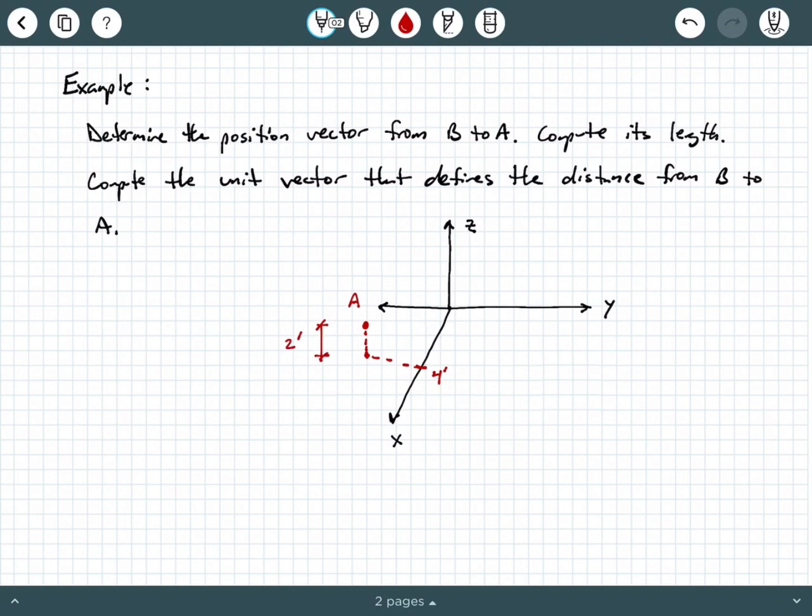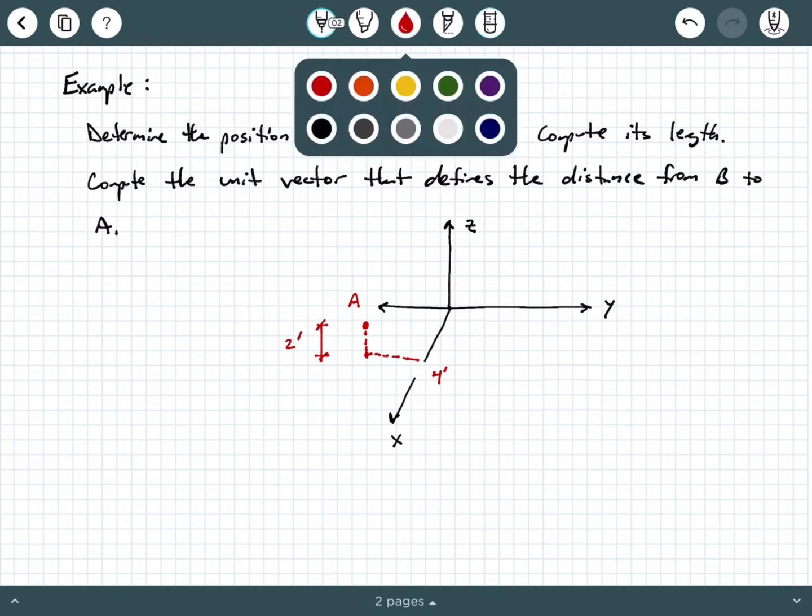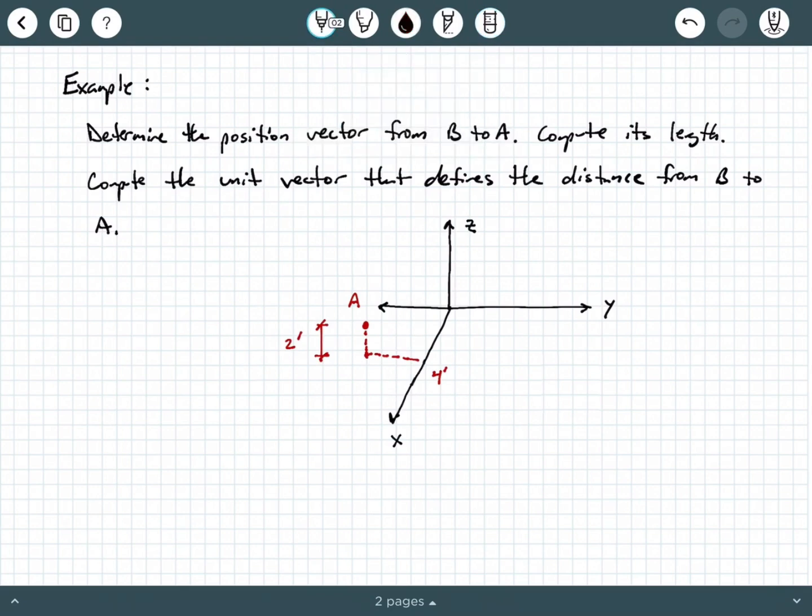And along the y direction, I'm trying to draw this as best as I can, so bear with me. There we go. And then along the y direction over here, we're going to have a distance of 1 foot.